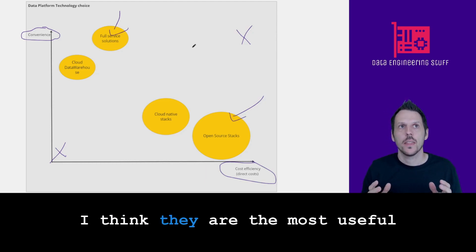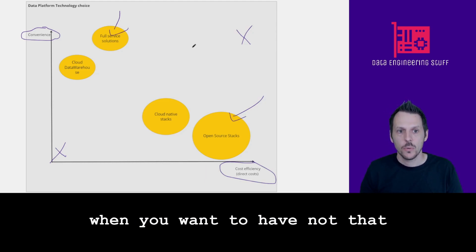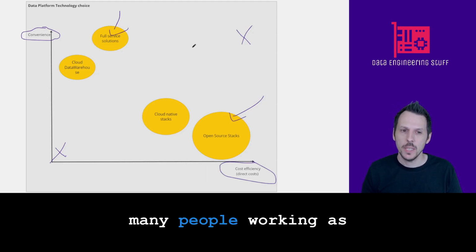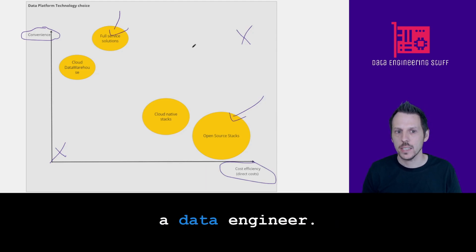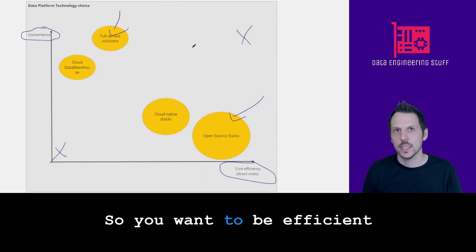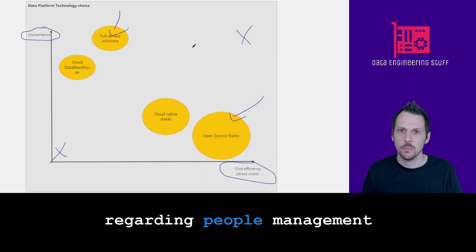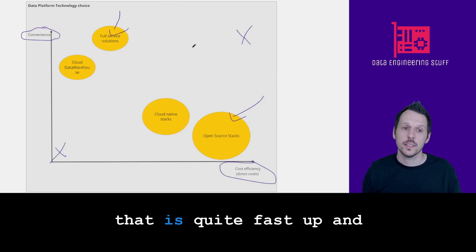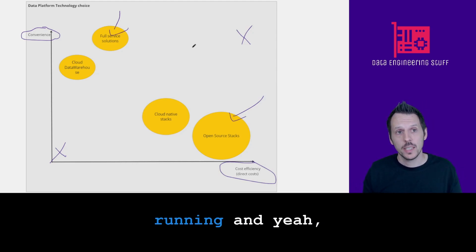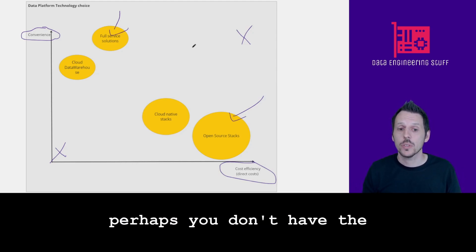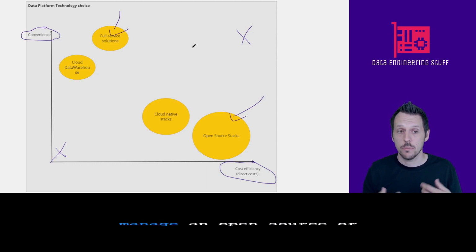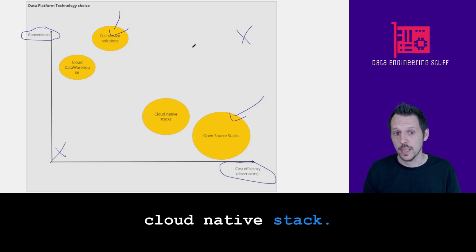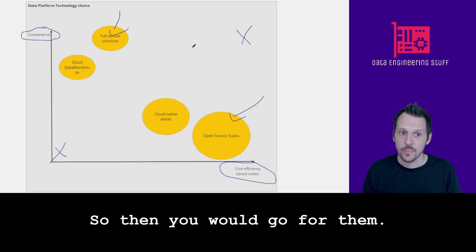I think they are the most useful when you want to have not that many people working as data engineers. So you want to be efficient regarding people management and stuff like that. You want a solution that is quite fast up and running. And perhaps you don't have the capacity to organize or manage an open source or cloud native stack. So then you would go for them.